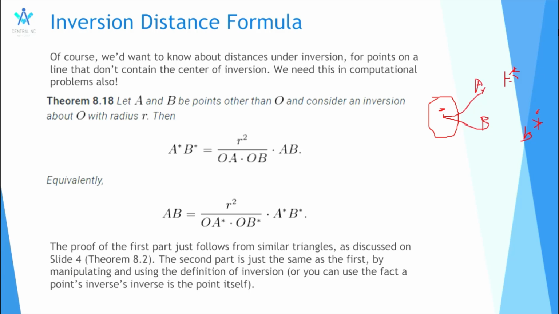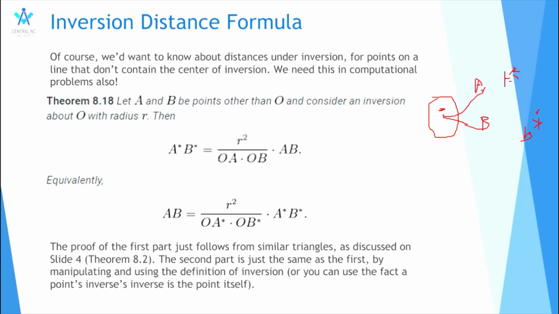We're going to have the similar triangles OAB and OB prime A prime. So then what do we have? We have OA prime equal to r squared over OA, and OB prime equal to r squared over OB. So we're just multiplying AB by this similarity ratio to get A prime B prime. Okay, so it should be pretty easy.